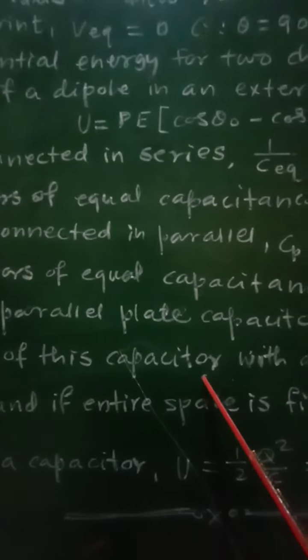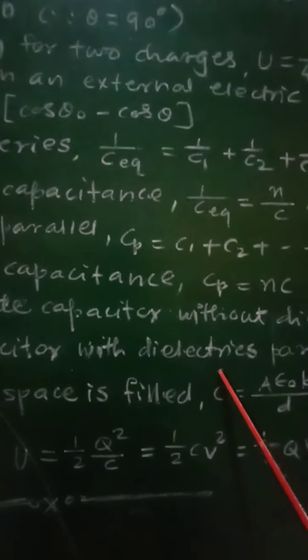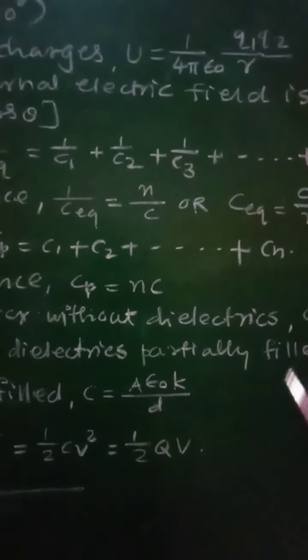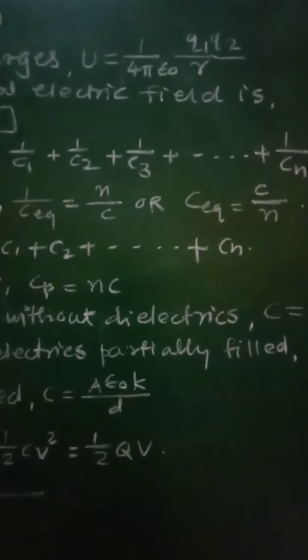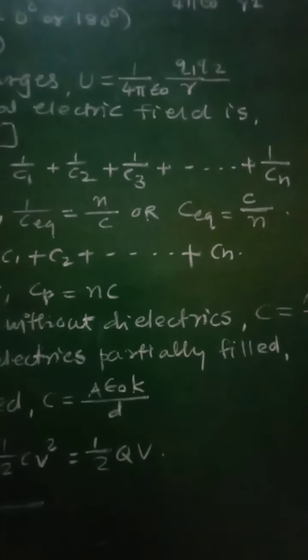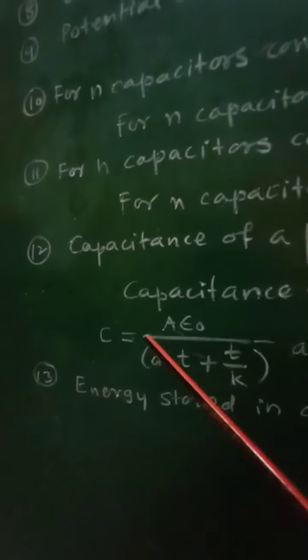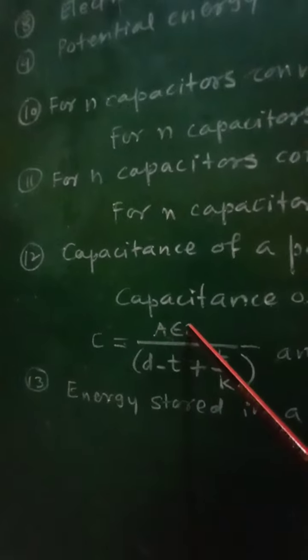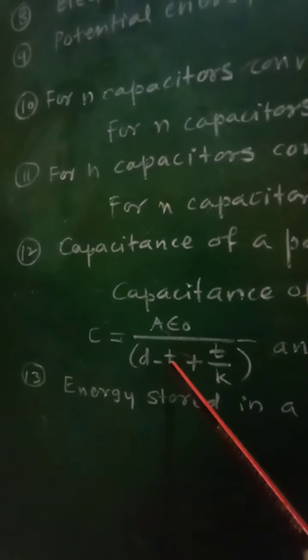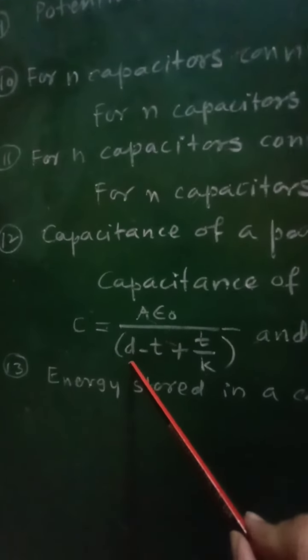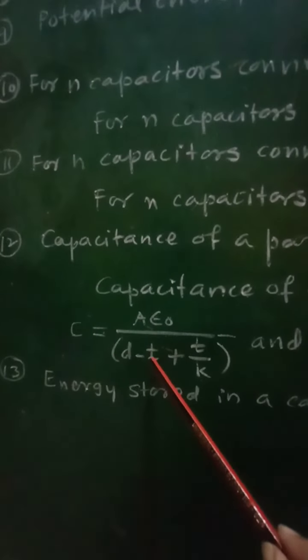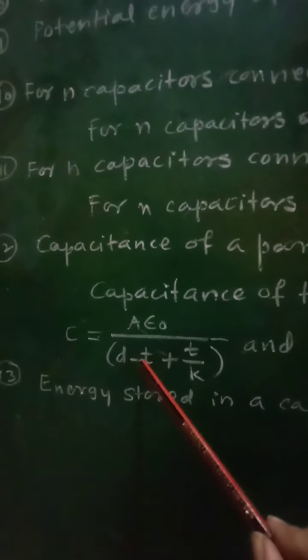Then if you consider the capacitance of this parallel plate capacitor with dielectric which is partially filled, that is, the space between the two plates is not completely filled, at that time C will be equal to A epsilon 0 upon (D minus T plus T upon K), where D is the distance of separation between the two plates and T represents the thickness of the dielectric.